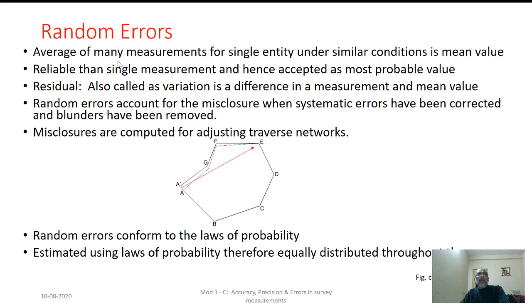The average of many measurements for a single entity under similar conditions is the mean value. The way we discussed, we can have a set of measurements for the given setup under similar conditions, and as we obtain the average of that, it would be considered as the mean value of the entity under consideration.